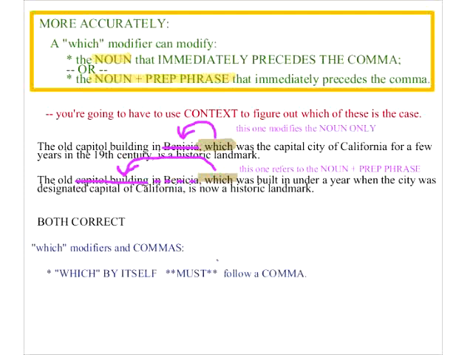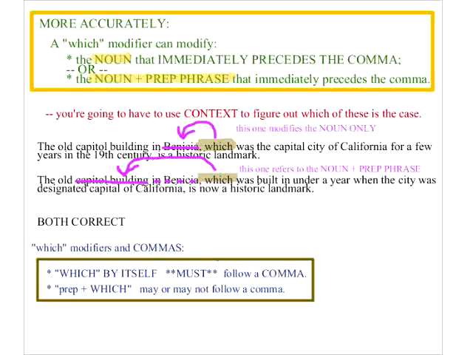On the other hand, a prepositional phrase, or preposition plus which, may or may not follow a comma. That's your rule.